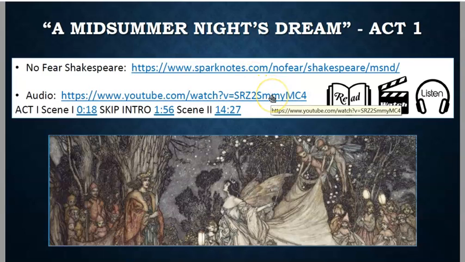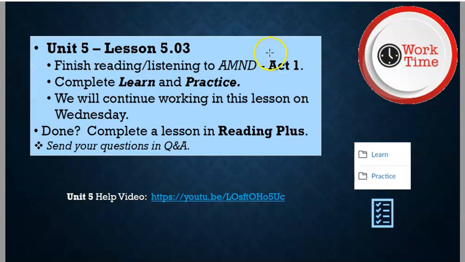All right, so you can listen to the audiobook for all of Act 1, Scene 1 and Act 1, Scene 2. Okay, when you're done with that, you'll go into the online course, Unit 5, Lesson 5.03.